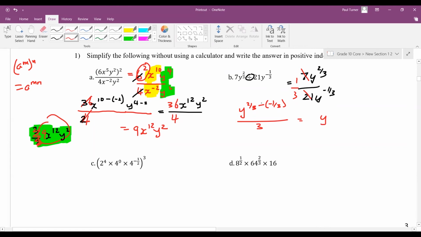So you get y^(2/3) minus negative is plus 1/3. So 2/3 plus 1/3 on 3. So you should get y^(2/3 plus 1/3), which is 1, so you should get y on 3 for your answer there, okay? So that's your answer for that one.